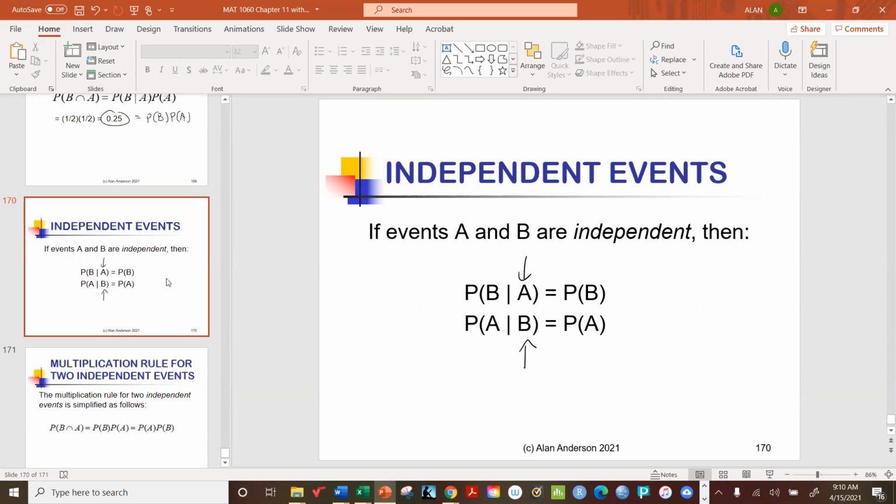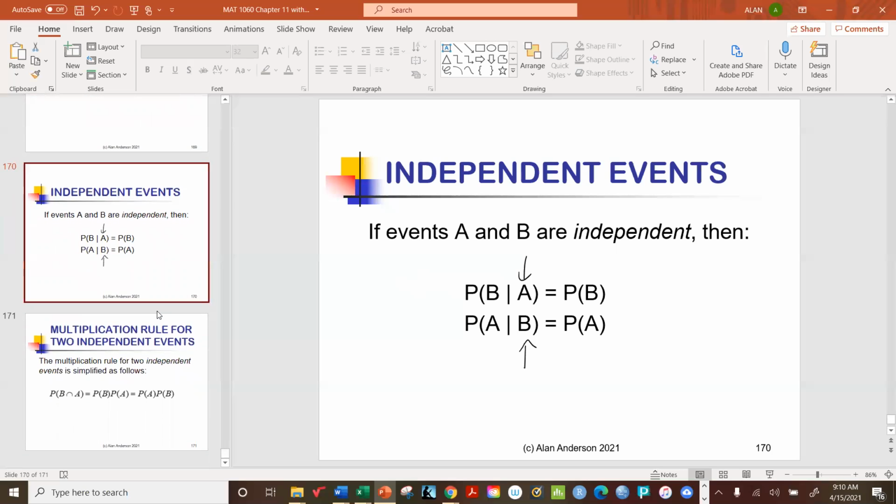Now, if this is true, then our multiplication rule becomes really, really simple. And I mean really simple. Why do I say that? Because I'm going to show it to you now. The two equivalent versions of the multiplication rule can be expressed in the following way when the events are independent. Here we go. Now watch how easy this is.